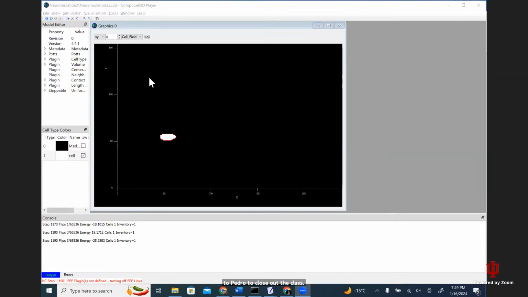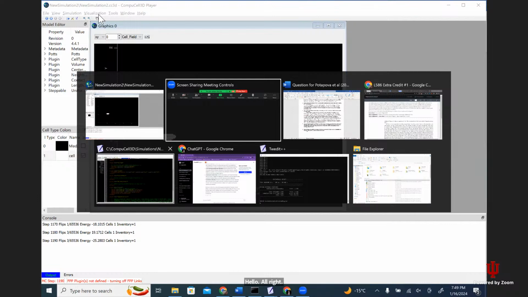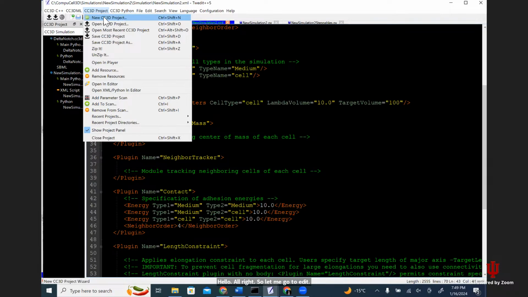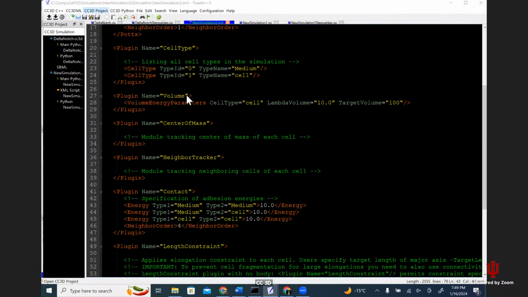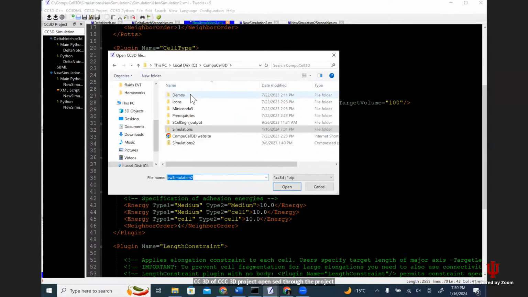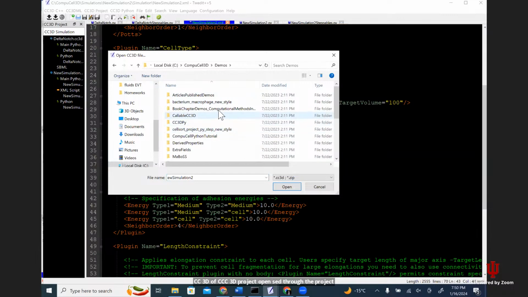Hello. All right. So let me go to edit, CC3D project, open CC3D project. Then this is the installation folder of CompuCell3D, on demos, and I think it's cell sort.